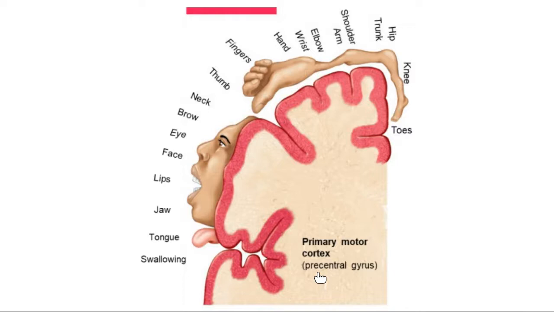The bigger a body part is on the motor homunculus, the more motor neurons that live in the frontal lobe that control it. So something like the hand or the fingers that are very large on this homunculus, lots of different motor neurons send information to those fingers to allow them to do lots of different kinds of activities.